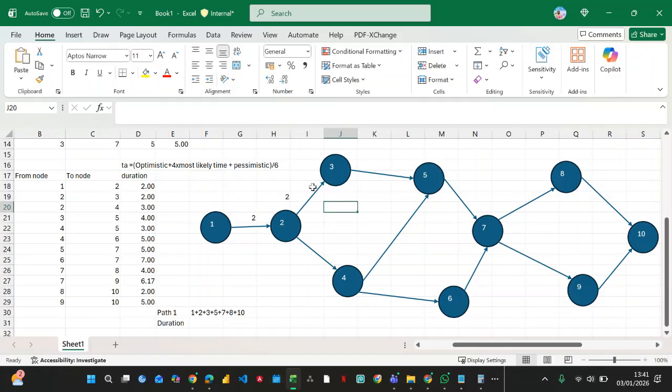So all this time you have to repeat it here. So this is supposed to be two for this one. Then from two to four, what is it? 3.0.